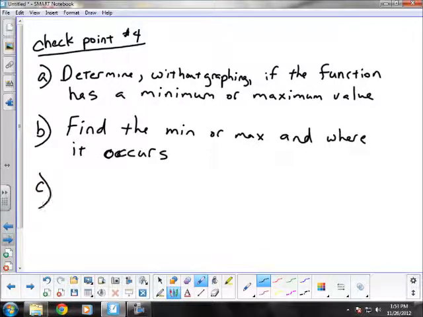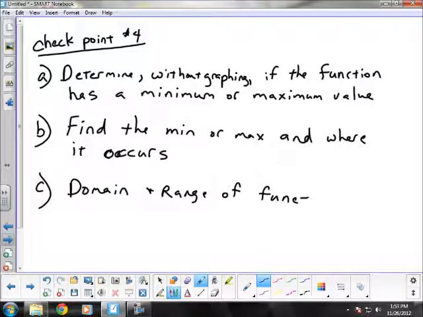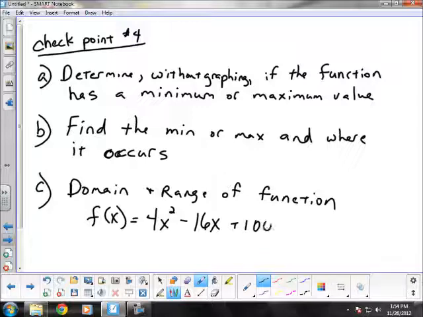And then part C, give the domain and range of the function. Okay, so there are 3 parts. And so my actual function is f of x is equal to 4x squared minus 16x plus 1,000.